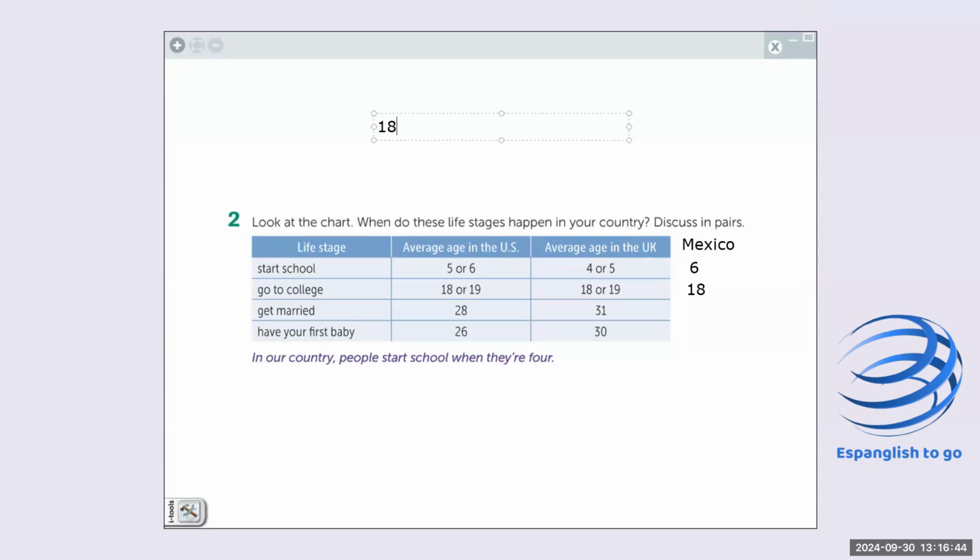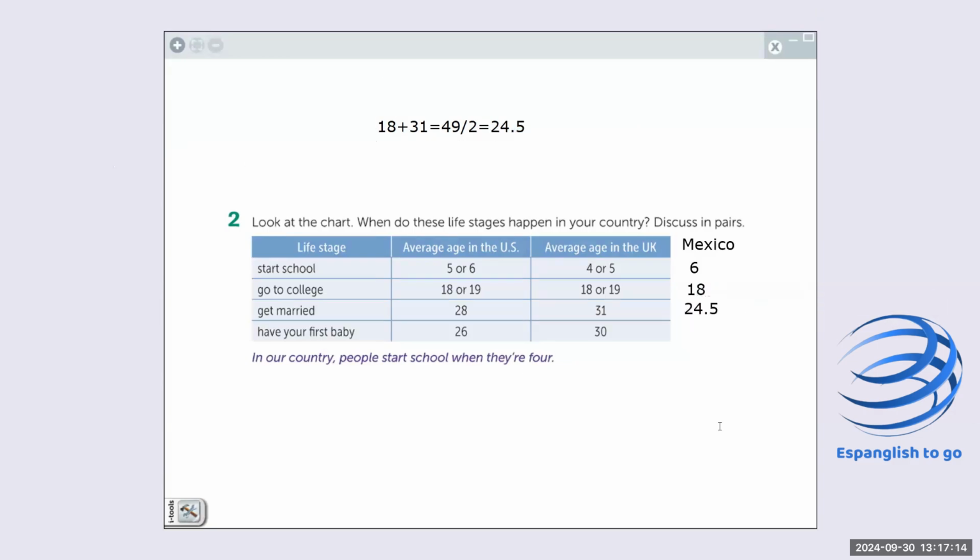Okay, so 18 plus 31 equals 49, divided by 2 is 24.5. Around this would be the average.